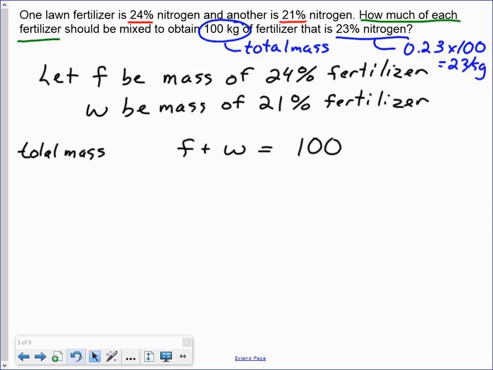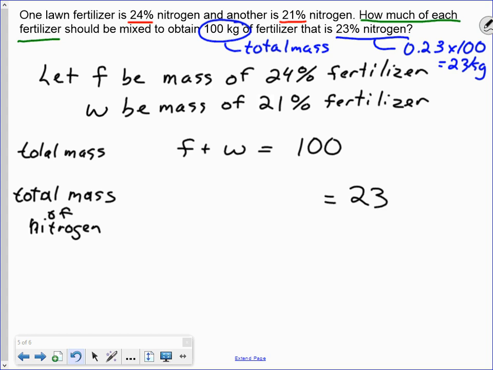So 23 kilograms is the total mass of nitrogen, not the rest of the stuff in the fertilizer. So the total mass of nitrogen in the resulting mixture is 23 kilograms.